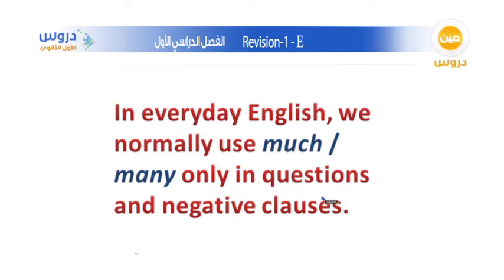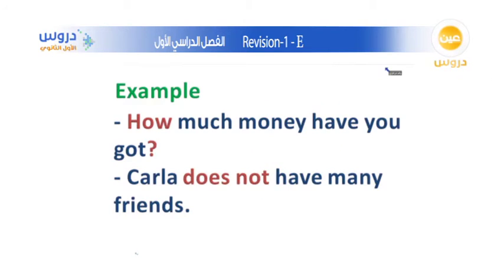So, what about the positive? What about the positive clauses, which are again the sentences that have the meaning of yes, positive, all right? In all other positive clauses, however, we prefer expressions like a lot of or lots of, and not to use many, all right, because as we have learned, it has a negative meaning.